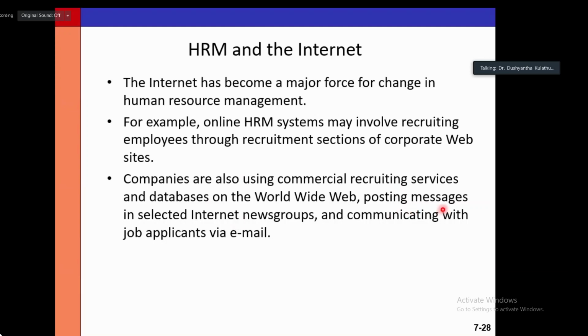Communicating with job applicants via email. So we can publish the email address on our website and ask employees to send their, say, applications or CVs through email. So likewise, there are certain other options that are available for the human resource management systems to get details of prospective applicants for recruitment.